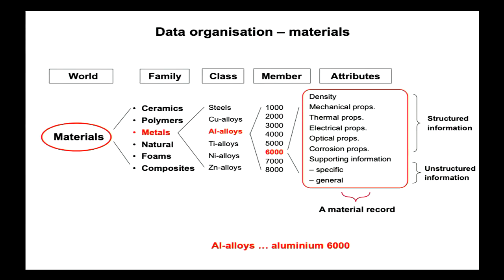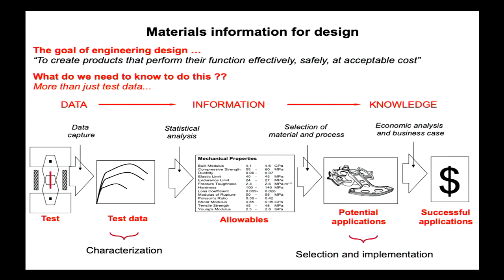And all those attributes can be regarded as a material record. Now, when you get to that point, that's the starting point for design, the kind of design that you are used to. We've got some engineering science principles. We've got some structural integrity issues. In which ways might our device break? And we've got to get some numbers to be able to put in there to find the limits of performance.